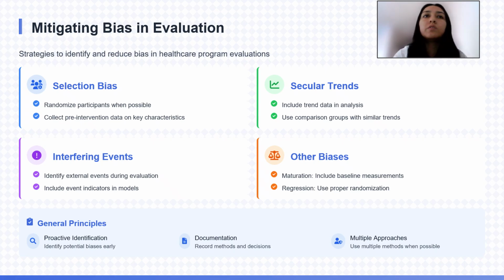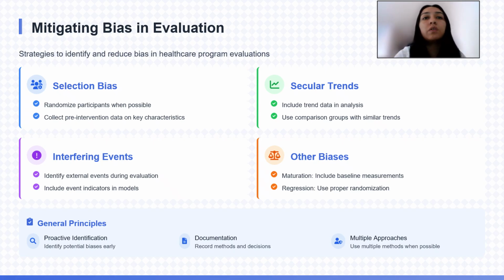So what are the strategies to identify and reduce bias in healthcare program evaluations? No matter what the design is, bias control is essential. For selection bias, it is important to randomize participants or collect good baseline data. For secular trends, include time trends in the analysis.